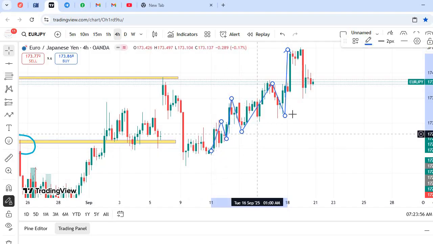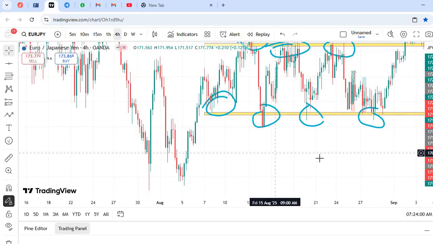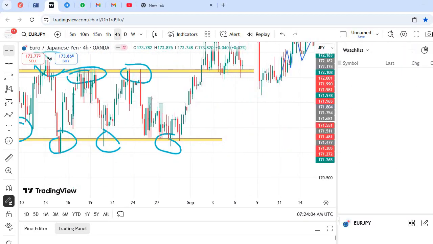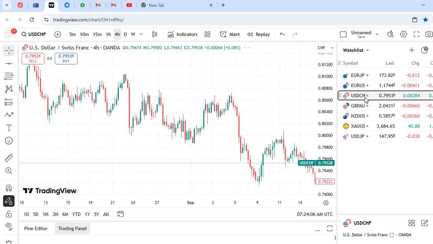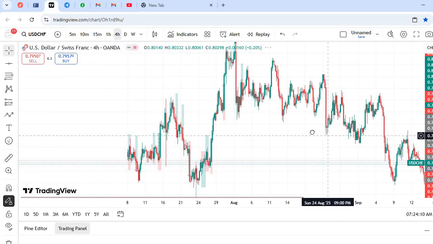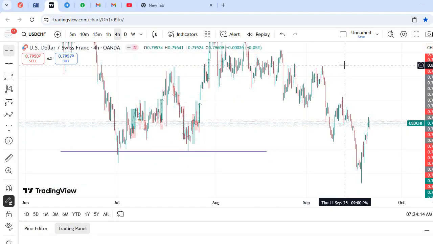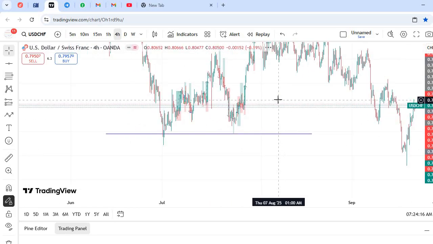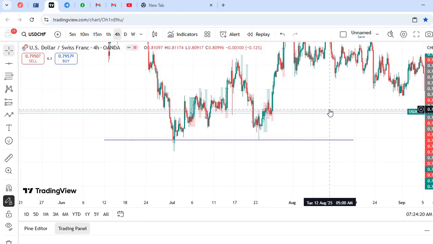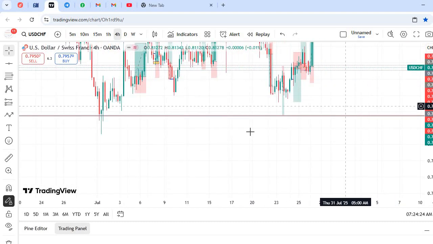The low is always protected and must not be taken out. Understand? Although there are times where we have the lows being taken out. Maybe if we see any example, I'll show you. So those periods when the lows are being taken out, what do you do? Those ones are for my students in my mentorship. Understand?